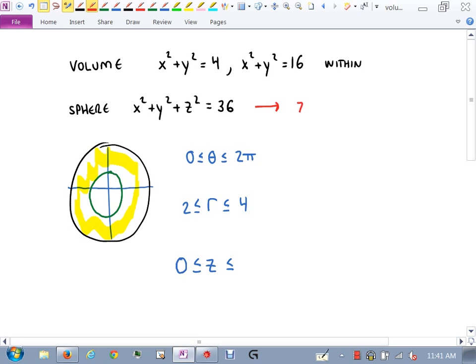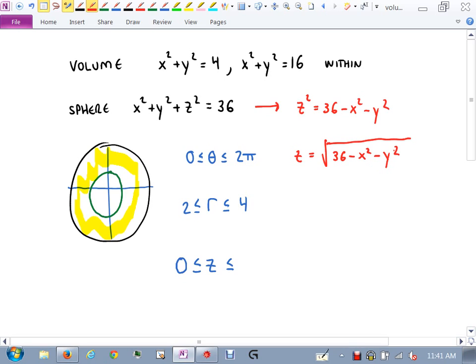If I did, I would get z squared equals 36 minus x squared minus y squared, which means z is equal to the square root, plus or minus, right? And we are only going to look at the plus because we're looking at the top. So had we not gone to 0, then we would have the plus root over here and the negative root over here. We're going to go from 0 to the plus root and double the answer.